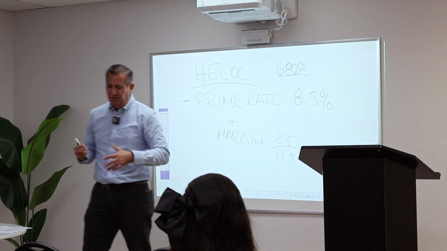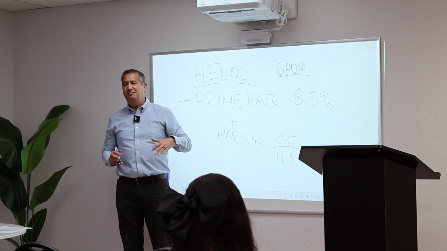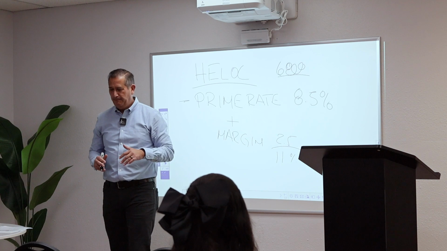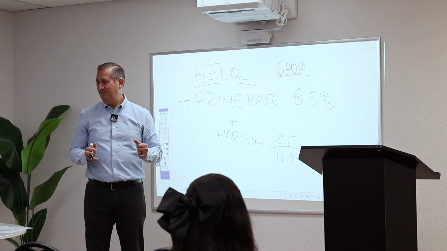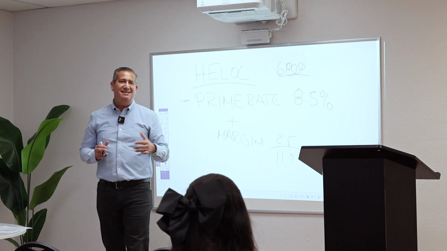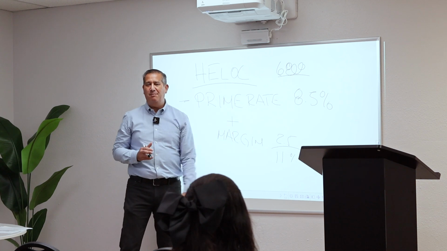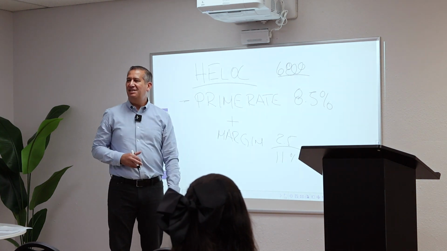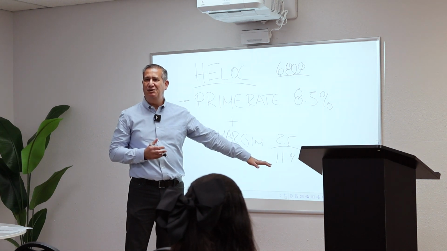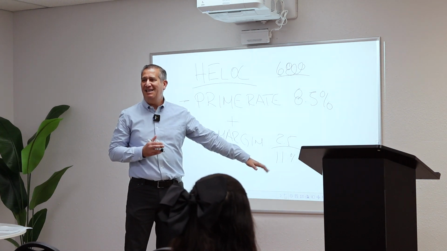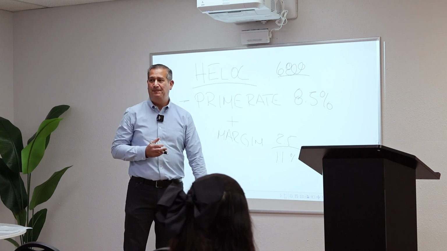HELOCs are very common to use and everything, but at 11%, don't you think that you're in the area for a hard money loan? So if anybody says, yeah, I can find a HELOC for an investment property, I can understand that, because if hard money lenders do 11, 12% on a hard money loan, that's a good investment for them. So I can honestly say, well, yeah, but it's very similar to a hard money loan.